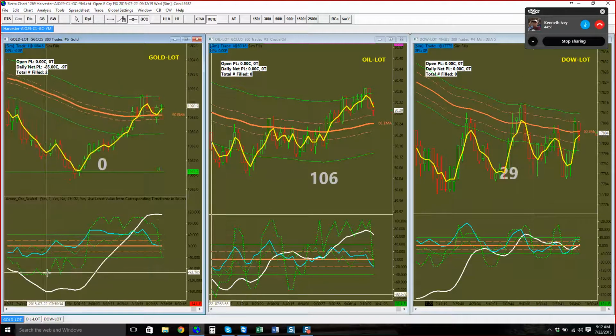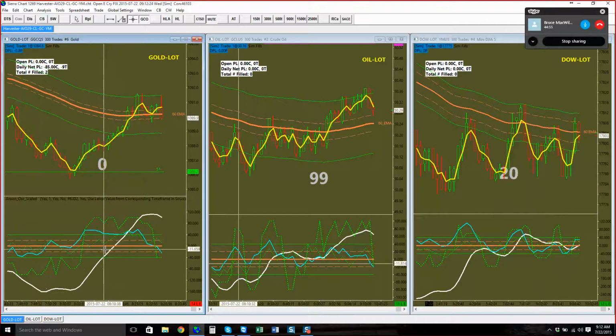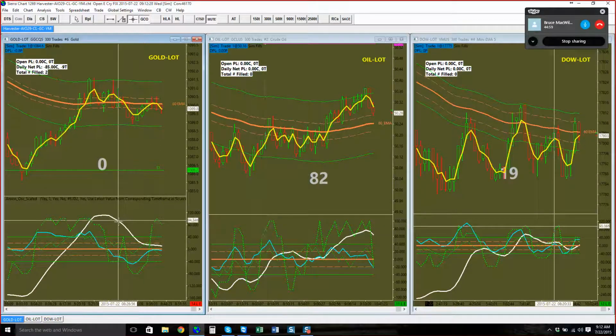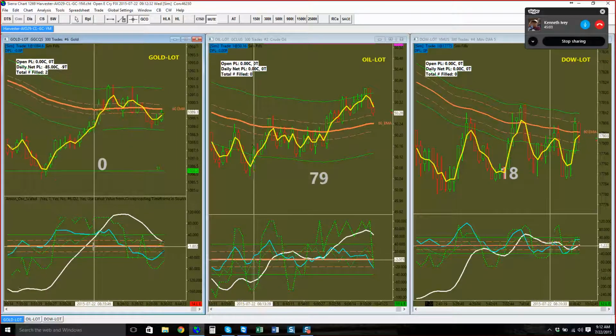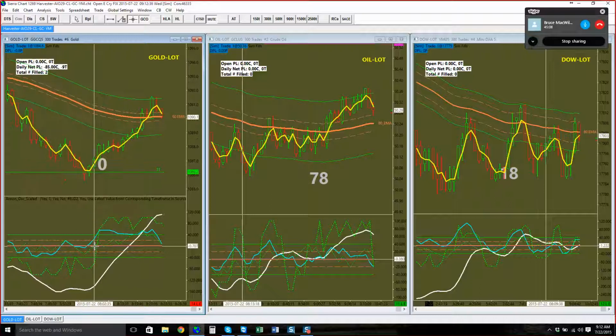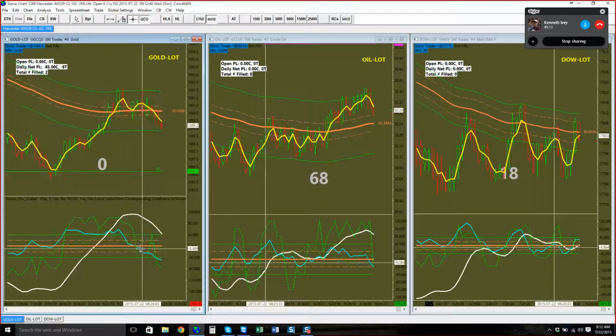Because we know that if we've created our ultimate valley, we'll be going back towards the zero. If we've created our ultimate peak, we will be going back towards the zero. So the best places for us to be profitable is when we come off these ultimate peaks and ultimate valleys.